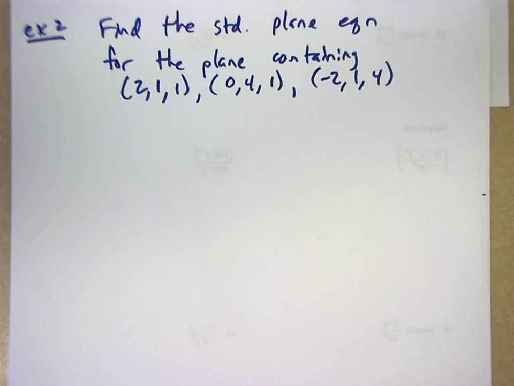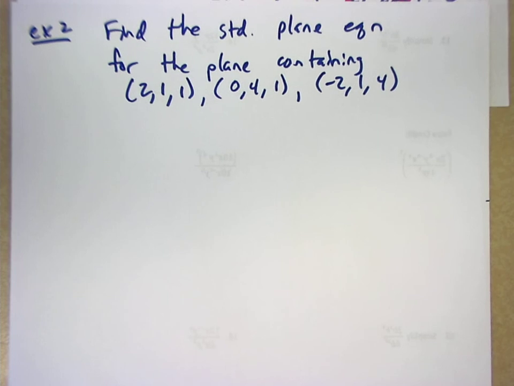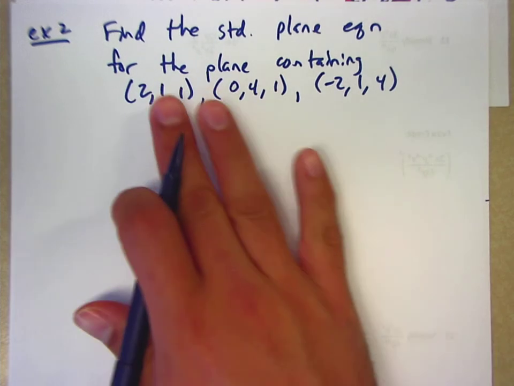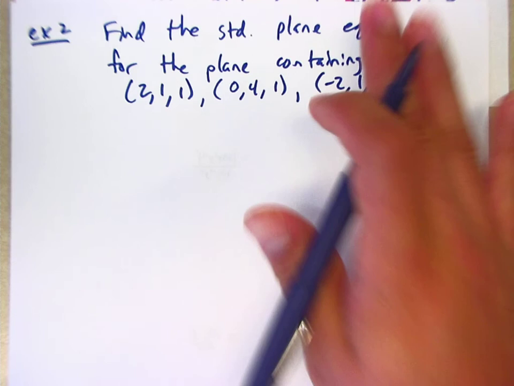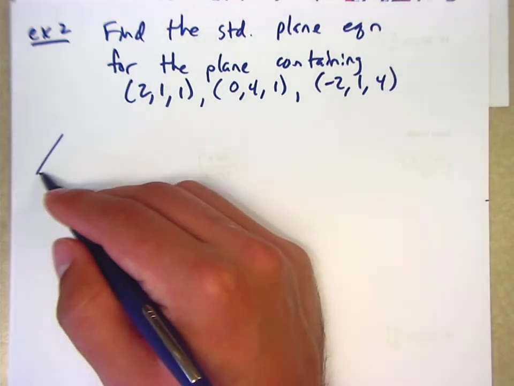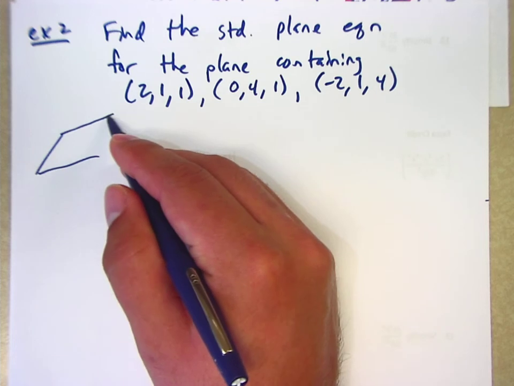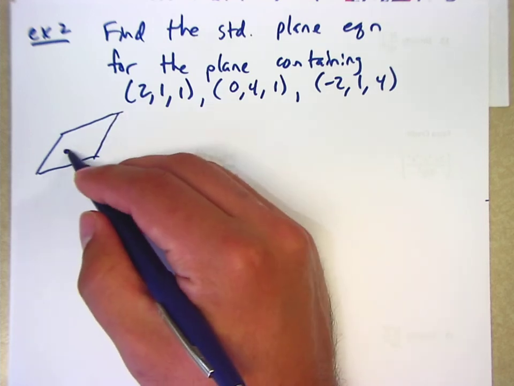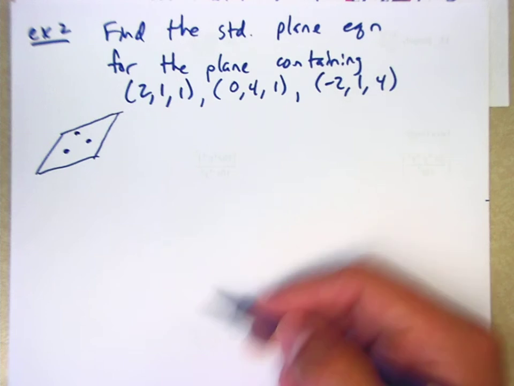All right, so first what we're going to do is, well, obviously we have 3 points available, so that's not a problem. The problem is we don't have a normal vector. So imagine this is our plane, and here are the 3 points, okay? We need a normal vector.